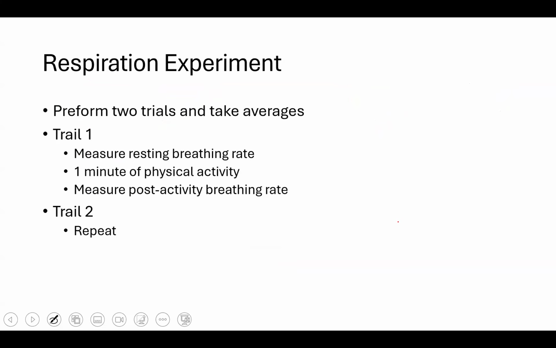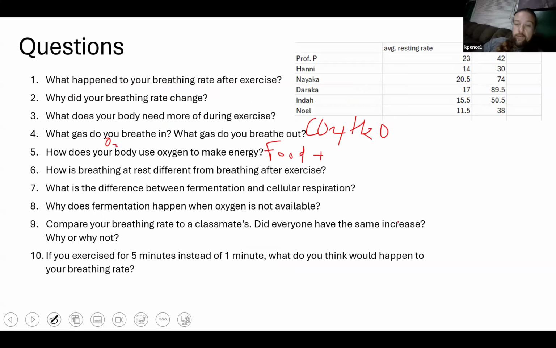Mitochondria. Good, the mitochondria. So that's what you need. In order to use oxygen, you need food, and you also need the mitochondria to break down the food plus the oxygen. So we do mitochondria.